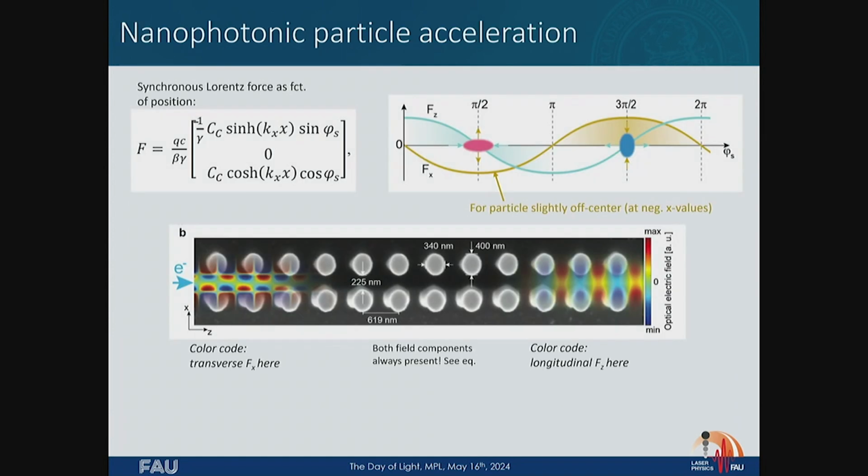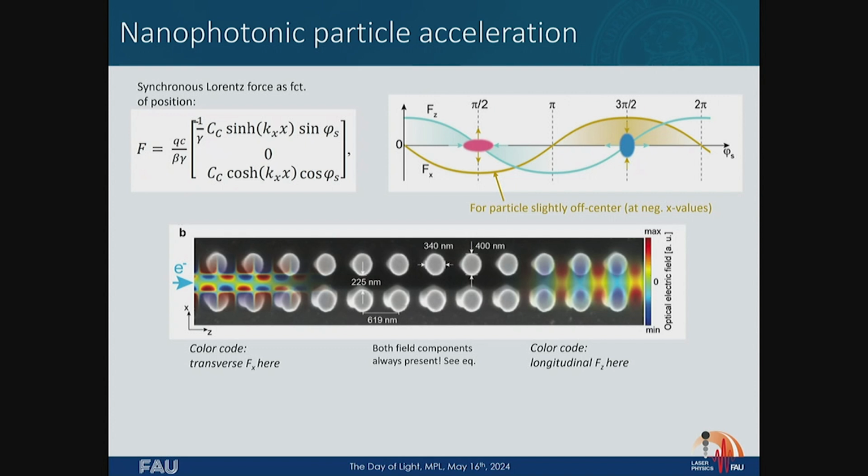So how does it work? We're physicists, so we have to go a bit into detail here. I just want to show you this because it shows us the force acting on a particle that you inject here. That is already synchronous. So the electron's speed is matched to this mode that we generate here, which is color-coded here and here. And I'm showing you two different components.